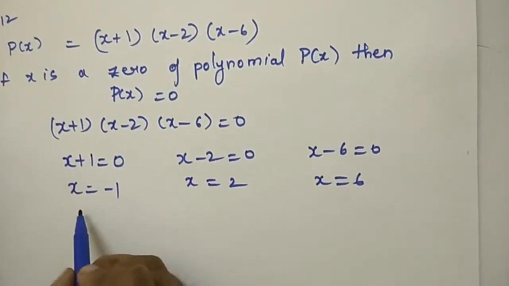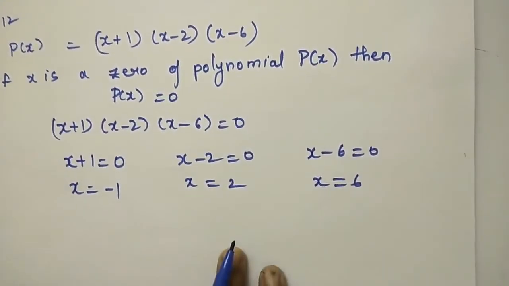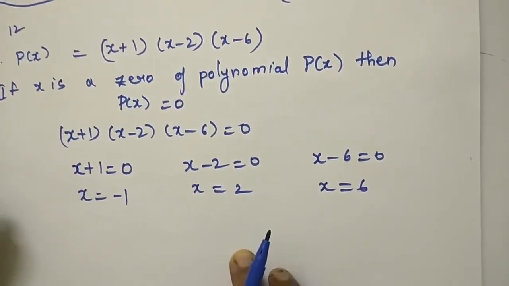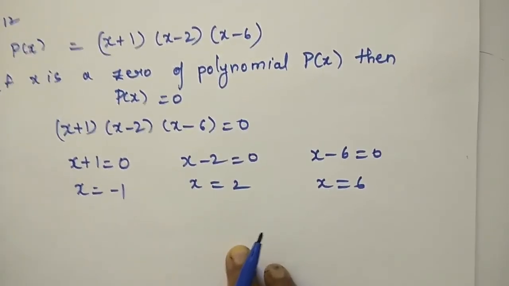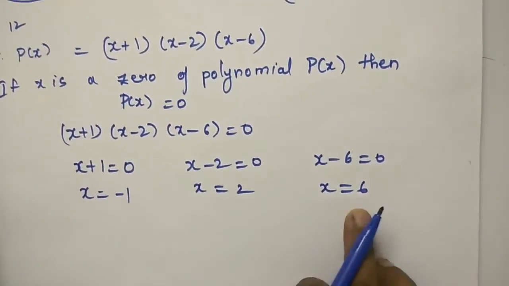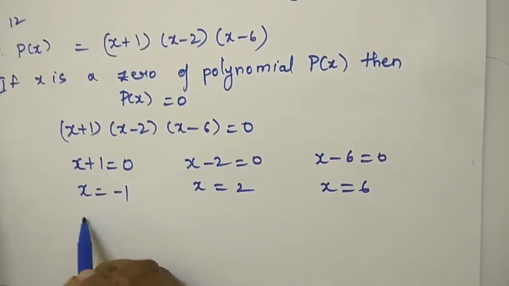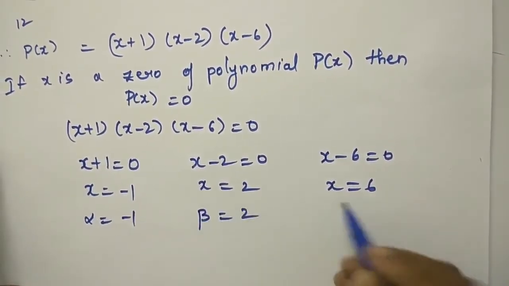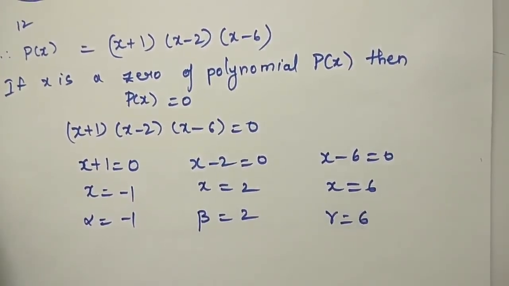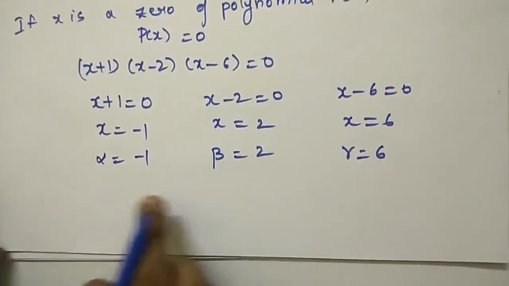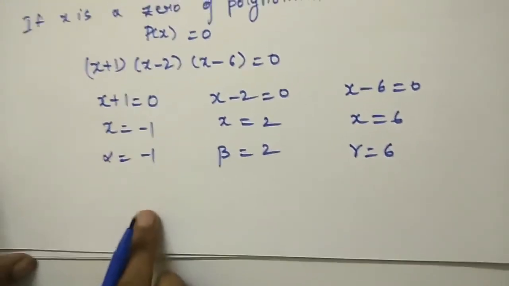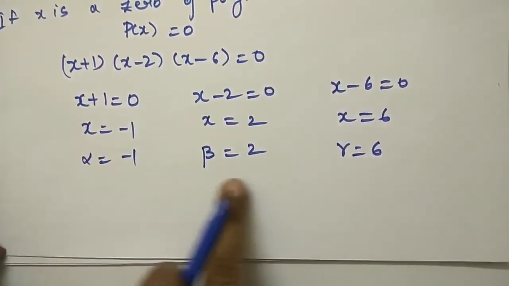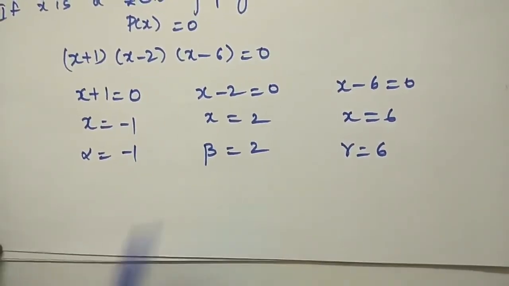Now we got 3 zeros, as we have already explained in the general cubic polynomial. So it is a cubic polynomial, we got 3 zeros. Now let us take alpha is equal to minus 1, beta is equal to 2, gamma is equal to 6. For no confusion, while calculating alpha plus beta plus gamma, I have simply written the x values.